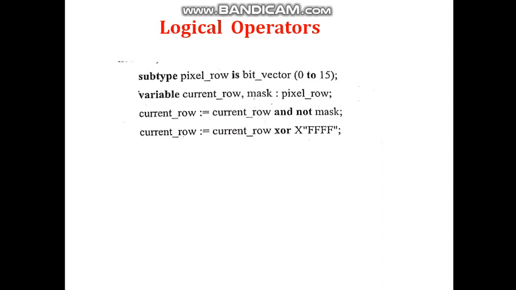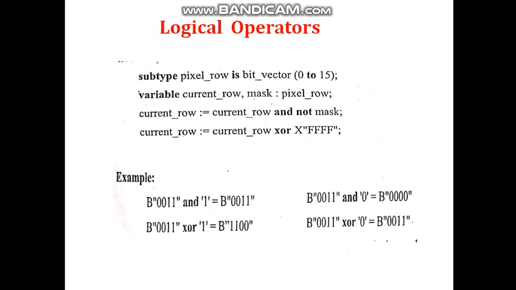For example, B"001" and '1' gives B"001", and B"001" XOR '1' is equal to B"110". This means the operation is done with each element.